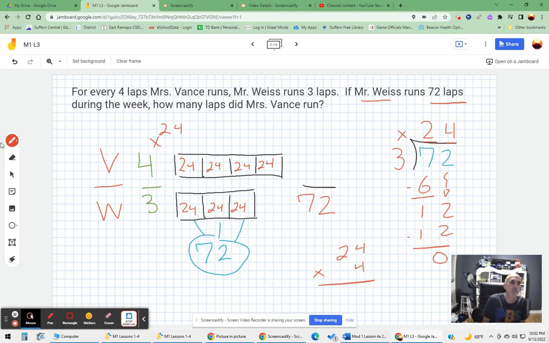Let me see how that works out. Change the color. Here we go. 4 times 4, 16. 4 times 2 is 8, plus 1 is 96. Look at that. So my 4 to 3 is equivalent to my 96 to 72.